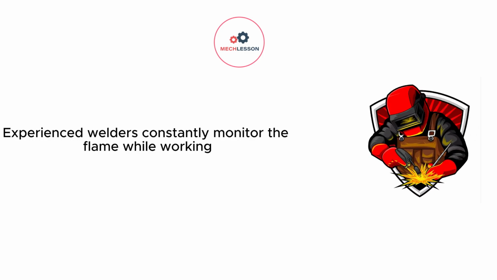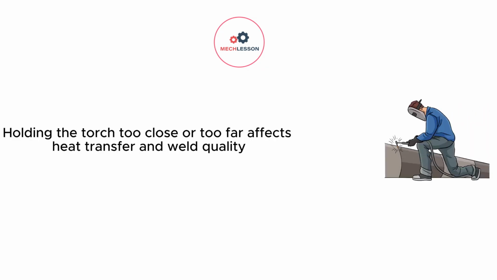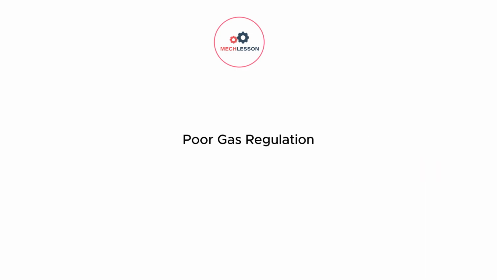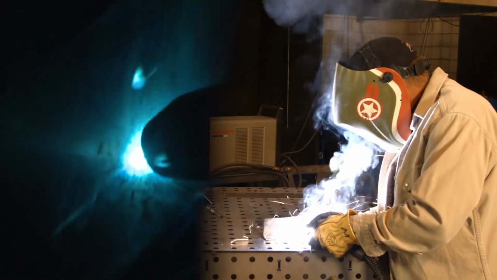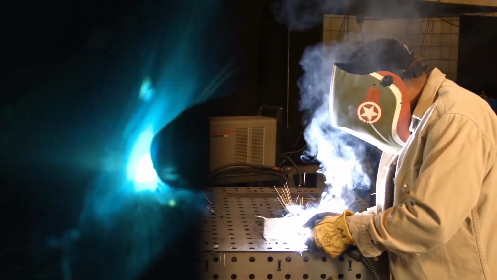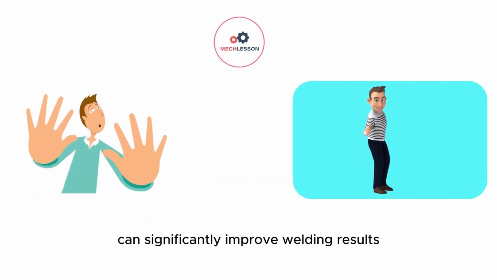Experienced welders constantly monitor the flame while working. Incorrect torch distance. Holding the torch too close or too far affects heat transfer and weld quality. Poor gas regulation. Improper pressure settings can create unstable flames and inconsistent welds. Avoiding these mistakes can significantly improve welding results.